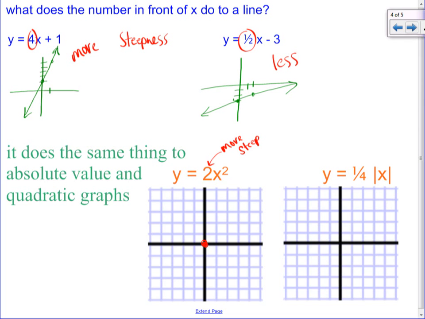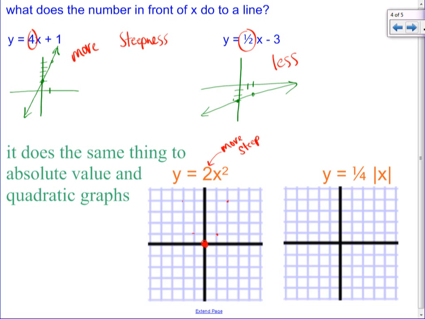When you have an a value, you don't plot points. You just over-exaggerate to show me whether it's supposed to be more steep or less steep. So this one is more steep, which means that the parabola is going to shrink in and get skinnier, right? You want to make it harder to ski down if you were going to ski on it. So normally, I'm just going to put the dots here. Normally it would follow along that path, but we want it to be steeper than that.